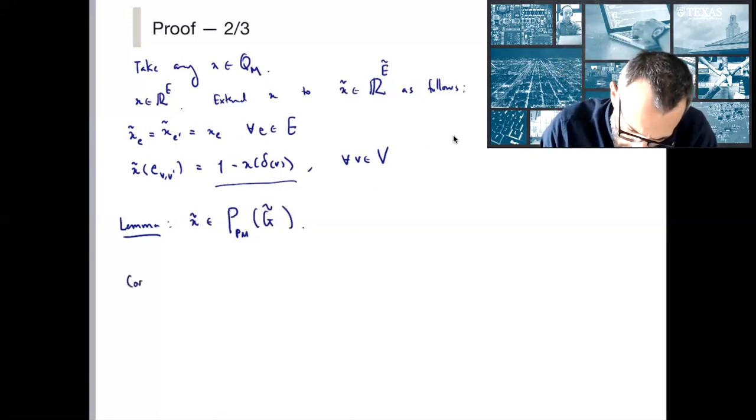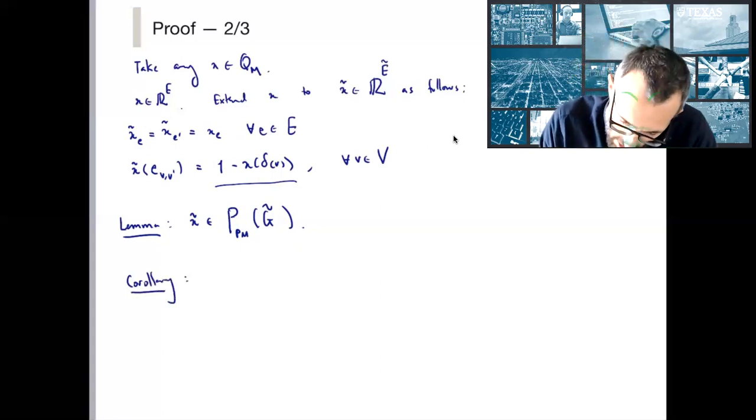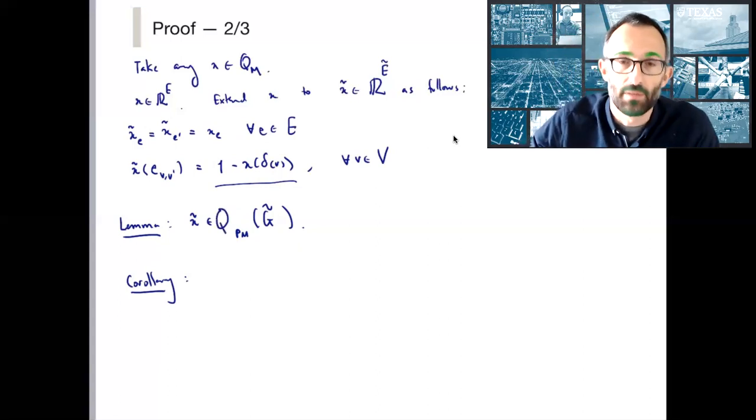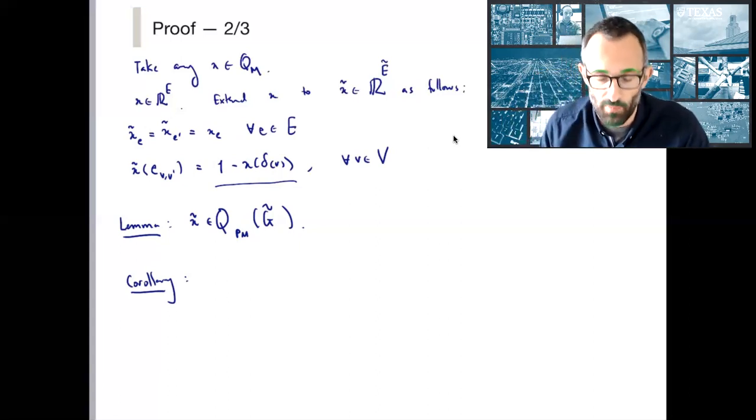And as an immediate corollary of this lemma, well, let me write this actually in a different way, because this is actually how we're going to prove it. We're going to show that x tilde is in QPM of G tilde, and hence that implies immediately from the work in the previous lecture that x tilde is in the polytope of perfect matchings.